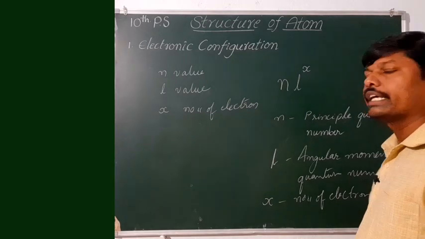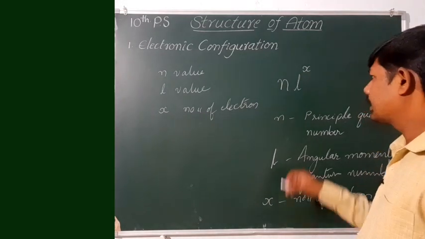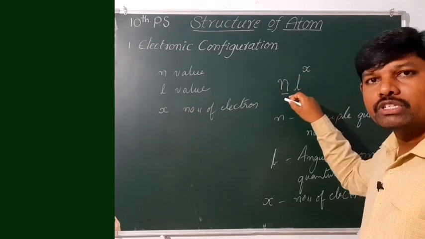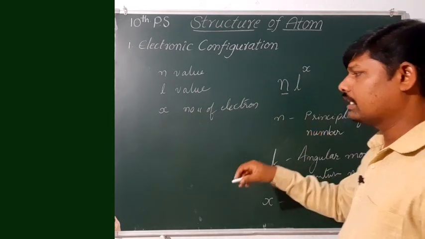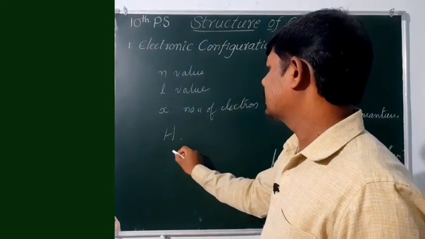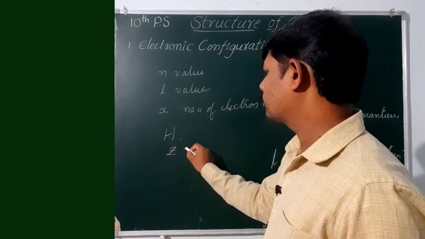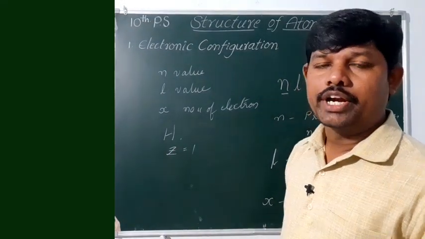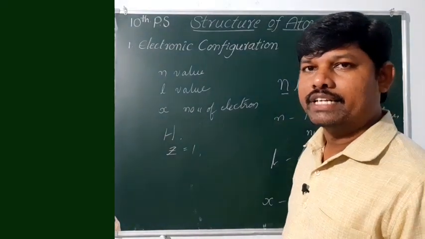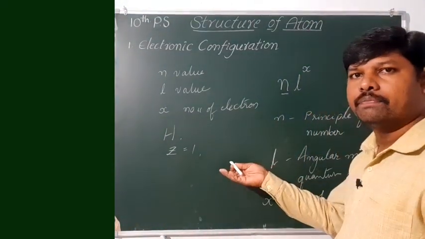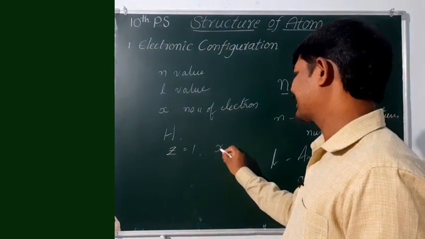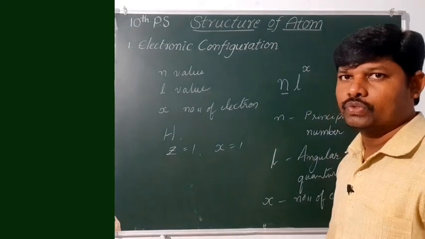Here in the hydrogen atom, what is the atomic number? Hydrogen atomic number Z is equal to 1. And how many electrons are present in its atom? Only one electron, so X is equal to 1.